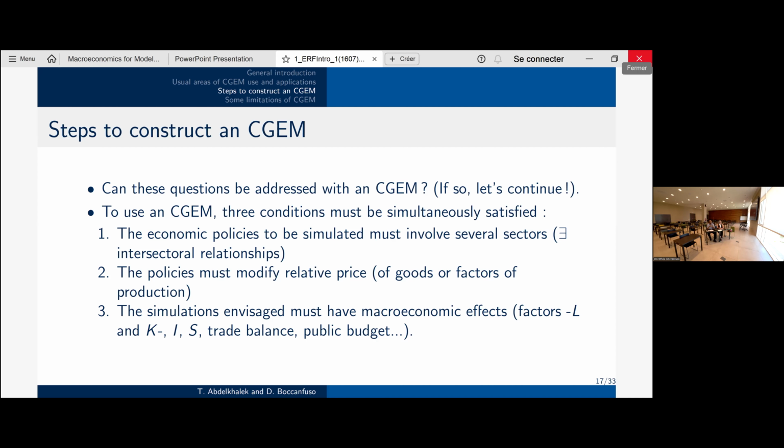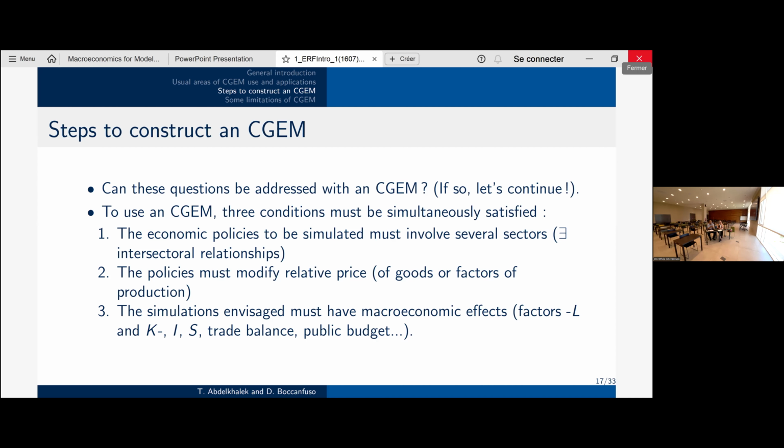Yes, it is a good question, but the question is whether the impact of the policy on the fishing sector has a macroeconomic impact. If the fishing sector is a small sector in our economy, and the impact is important for the sector but has no macroeconomic effect, we cannot use a CGE model.